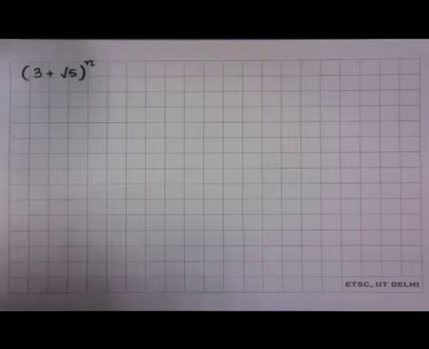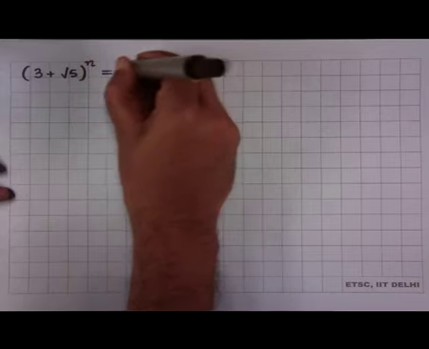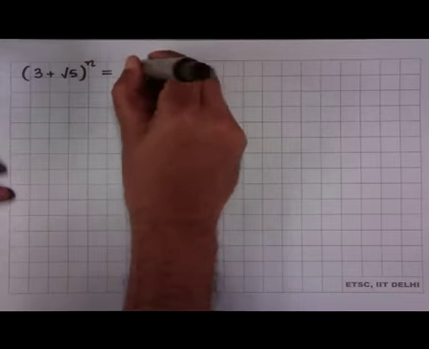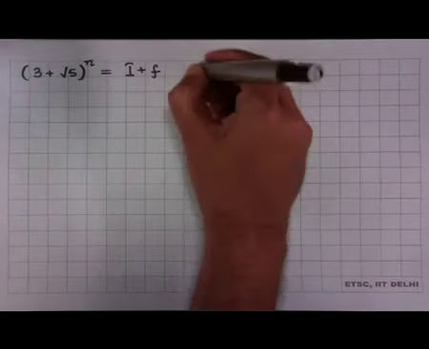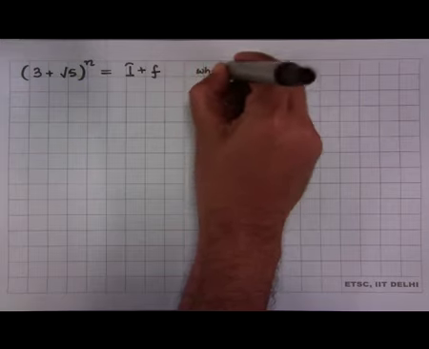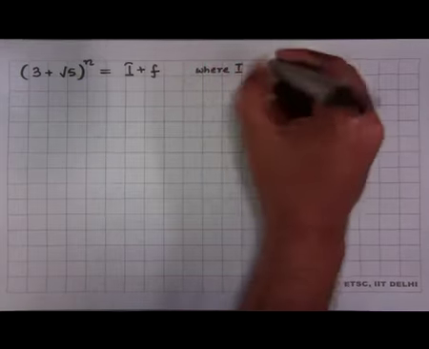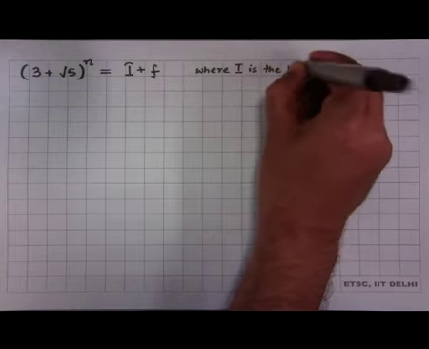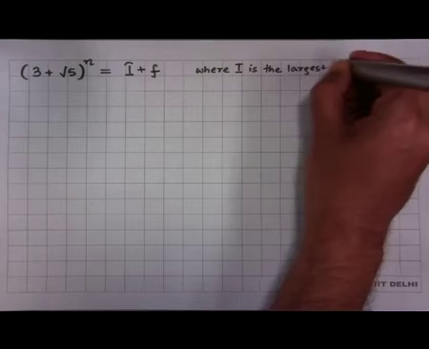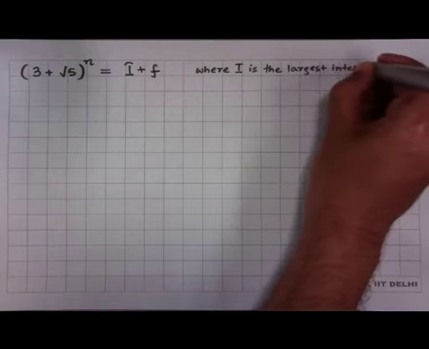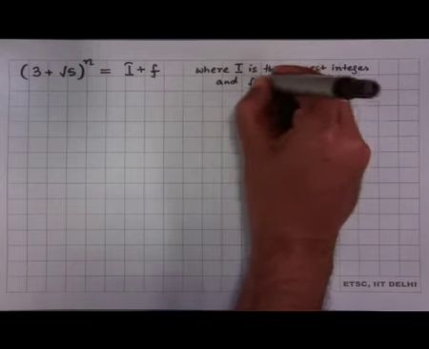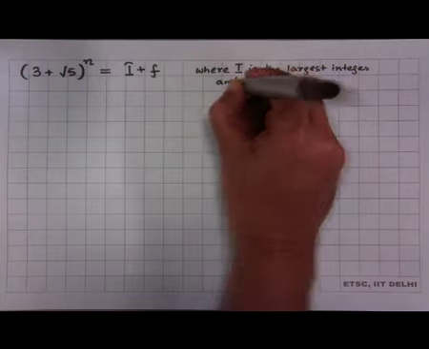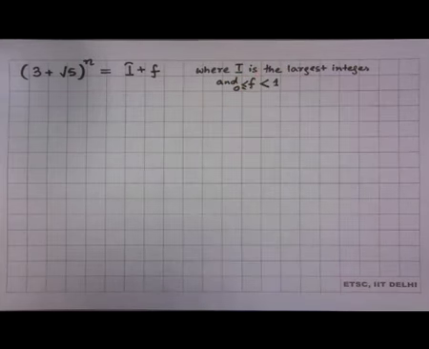Okay, I do not know what exactly n is, and the question states that if this is equal to I plus f, where I is the largest integer, and f is less than 1, greater than 0, right, f is between 0 and 1.